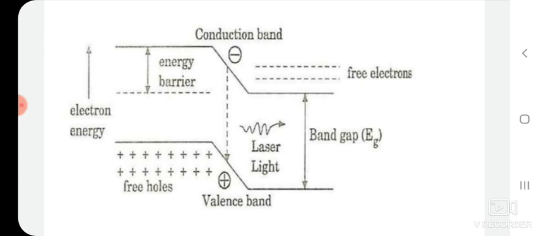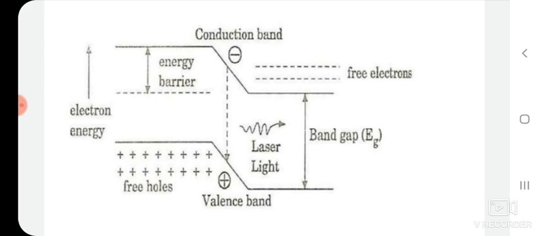After gaining enough strength, it gives out the laser beam of wavelength 8400 Angstrom. The wavelength of laser light is given by E equals h nu, and we know nu is c by lambda.